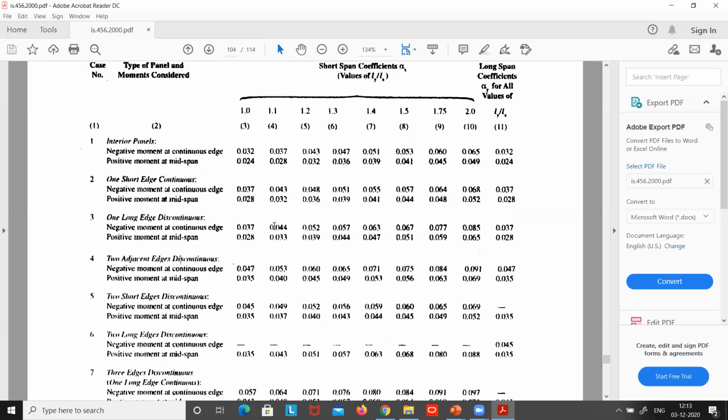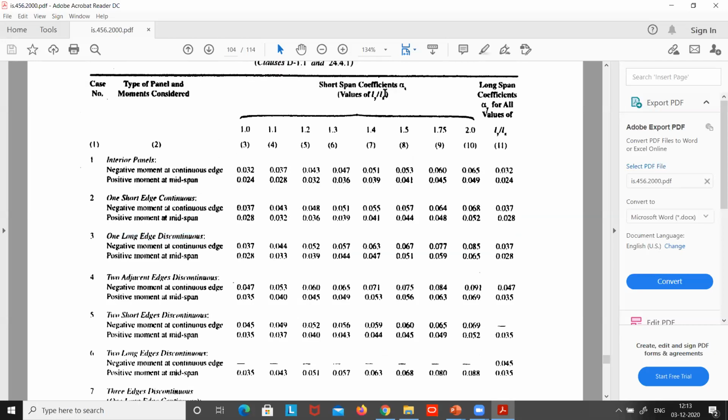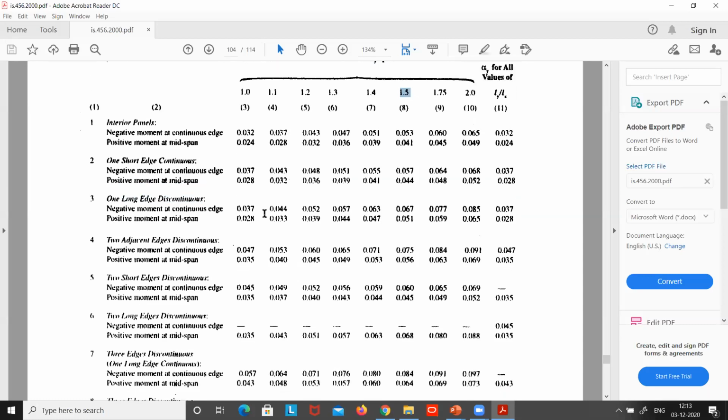According to this, you have to calculate alpha x and alpha y, right? To calculate alpha x, you need Ly by Lx. So Ly by Lx value is 1.5. Here, for the negative moment at continuous edge, it is 0.075 for 1.5 for alpha x. Is that clear till here?